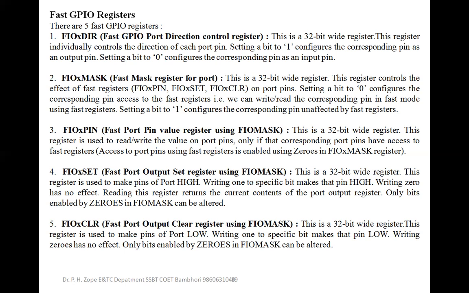That is, you will have to define it first, before. This is a 32-bit wide register. This register is used to make pins of the port high, that is, it allows you to put out a logic 1 bit here. So that's why we are able to set all the pins or a single pin, and as you require, that number of pins you can set. Writing 1 to a specific bit makes that pin high. Writing 0 has no effect. Reading this register returns the current content of the port's output registers.